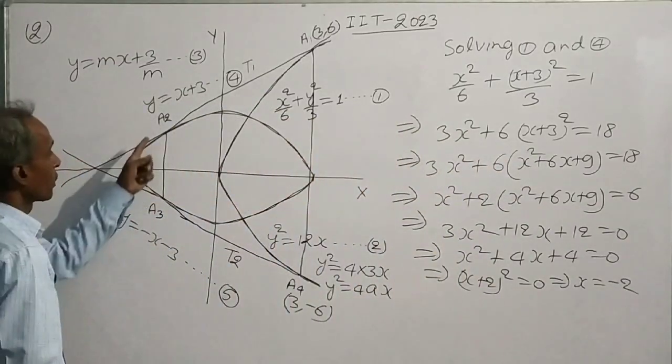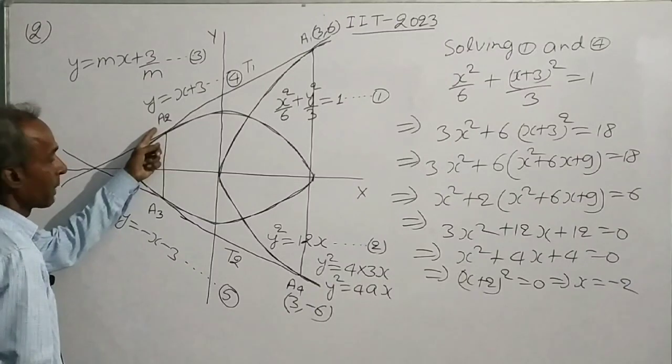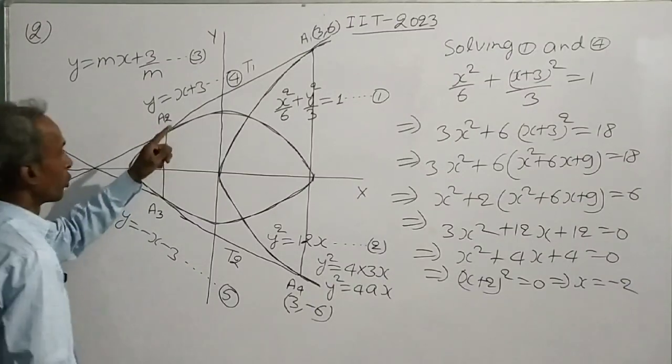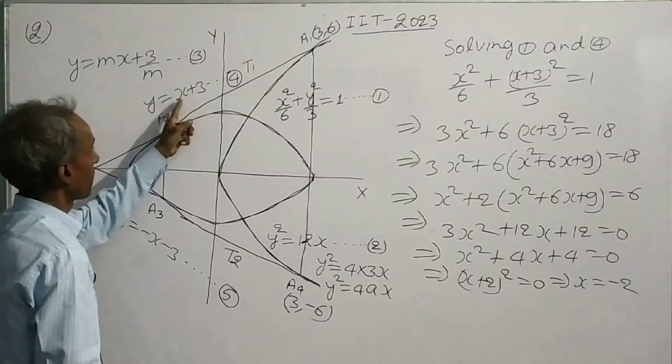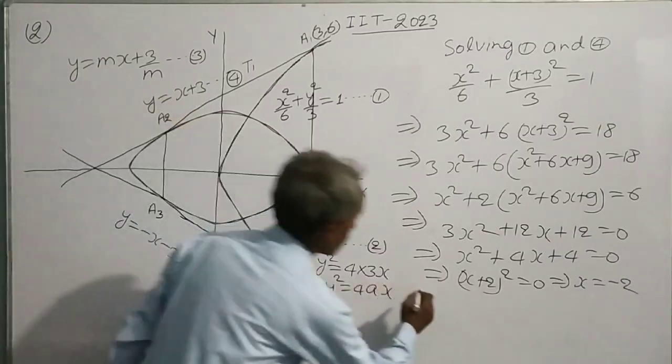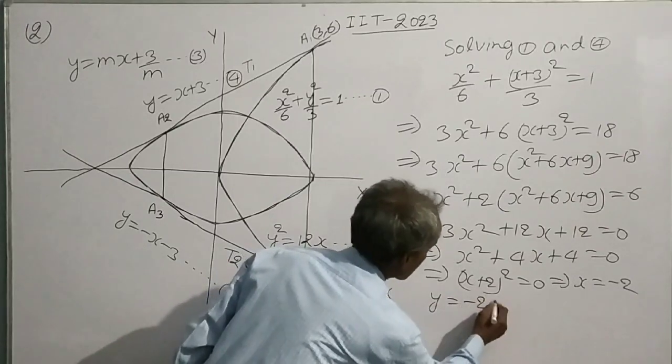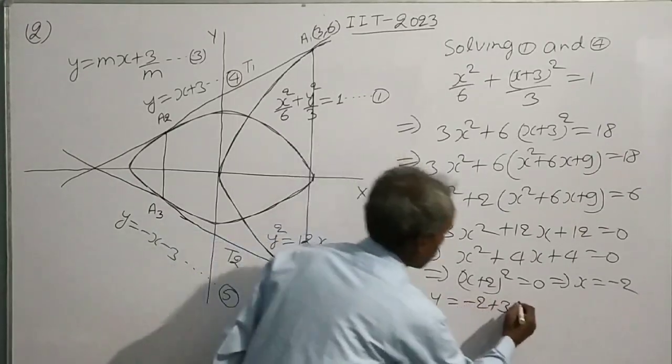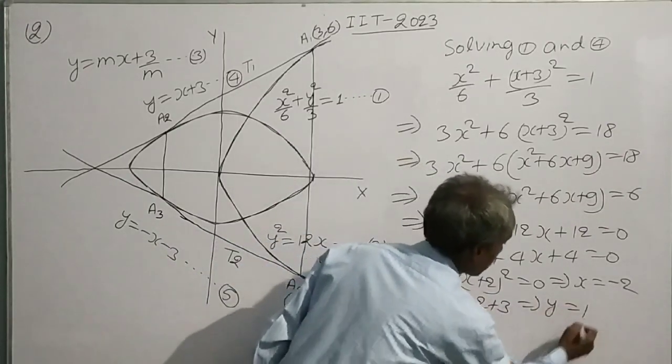That means the x coordinate of this point A2 is minus 2. Putting minus 2 in place of x in this equation, we get y is equal to minus 2 plus 3, so y is equal to 1.